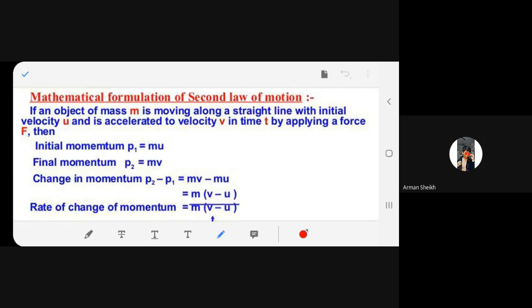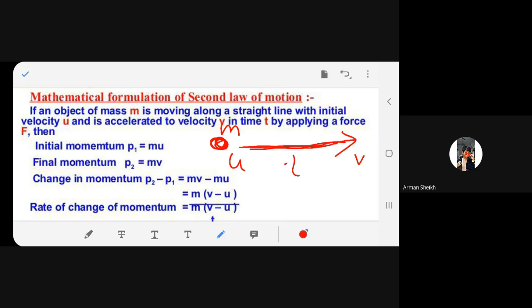Just a moment, beta. Now this is the body. This is a body, right? This is having mass m. It is moving in a straight line. Initial velocity is u. When it goes to a certain distance, its velocity becomes v.